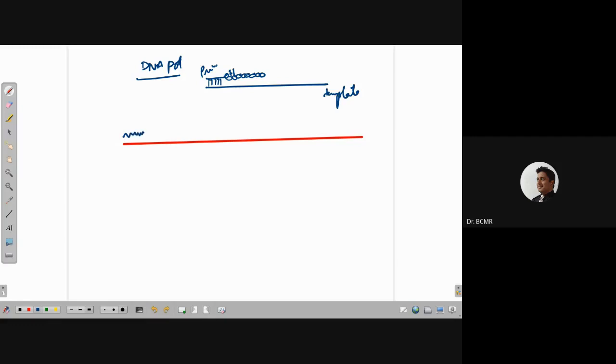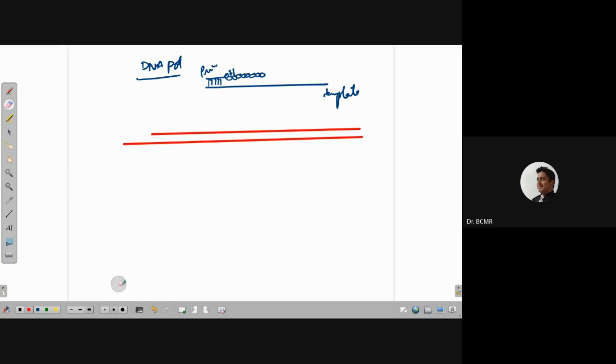Then assume the DNA polymerase has polymerized the next bit of the DNA. I'm just showing it for only one strand. So eventually RNase H or DNA polymerase I should come and remove this primer, right? That is what they will do.